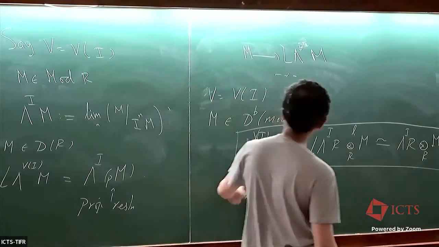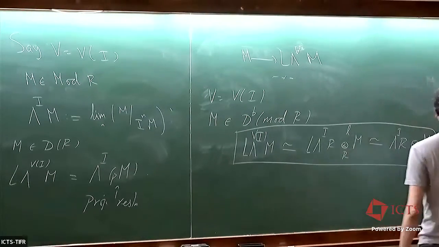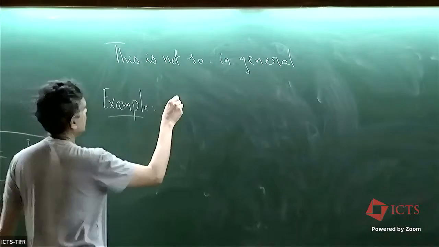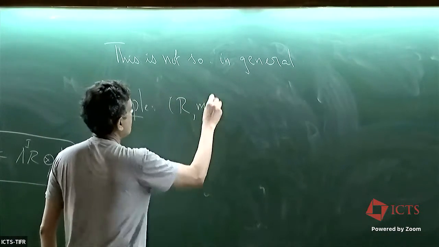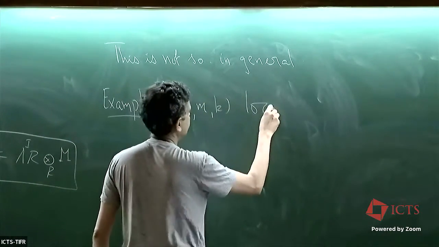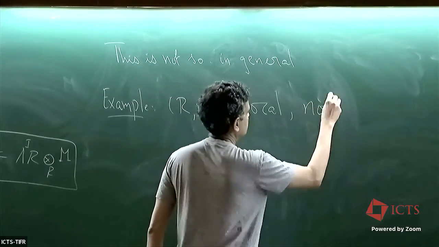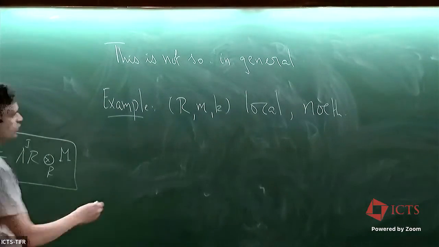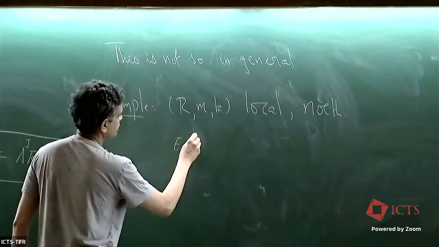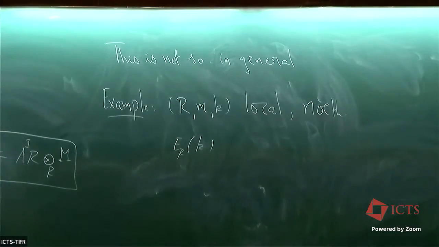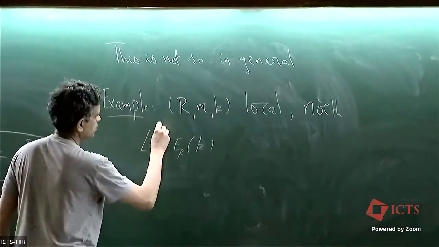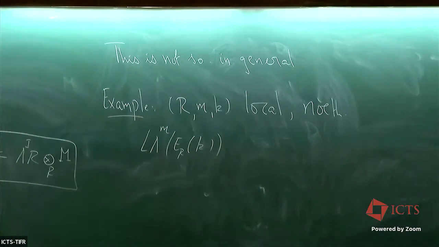Okay, so I was going to give you an example where this doesn't work. And the example is the following. Let's say you take a local ring R, Noetherian local ring, with maximal ideal M and residue field K. If you look at the injective hull of K, and then you take the derived completion with respect to M. Any guesses as to what this is?